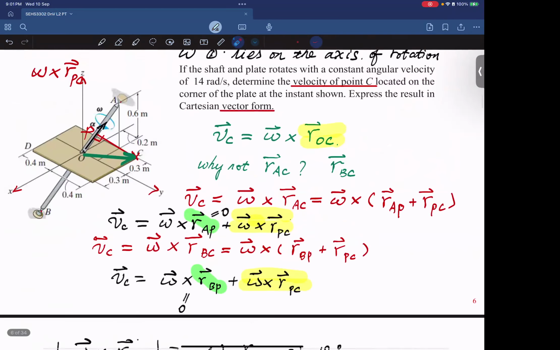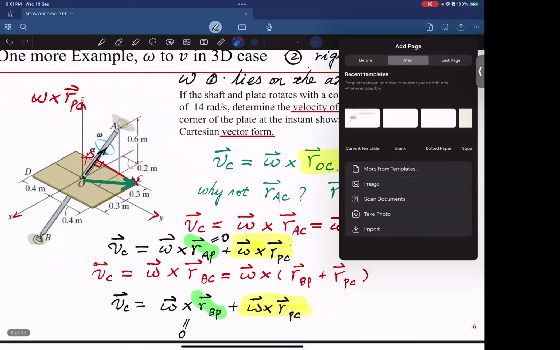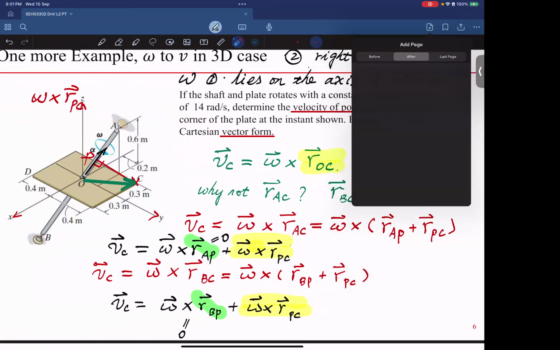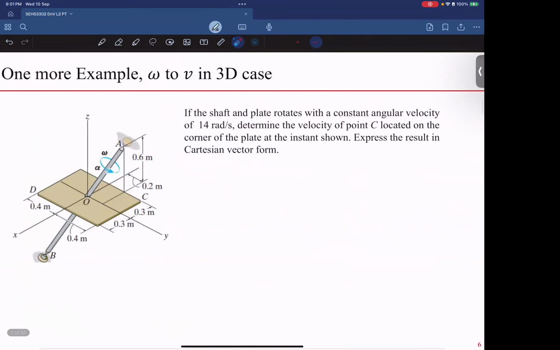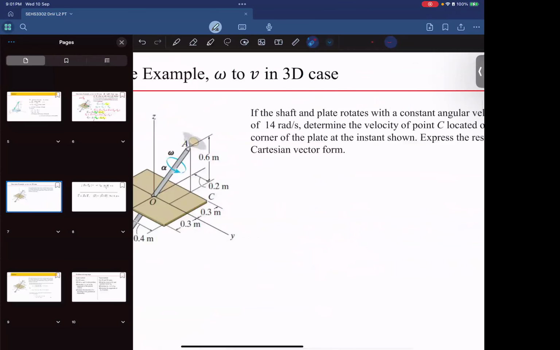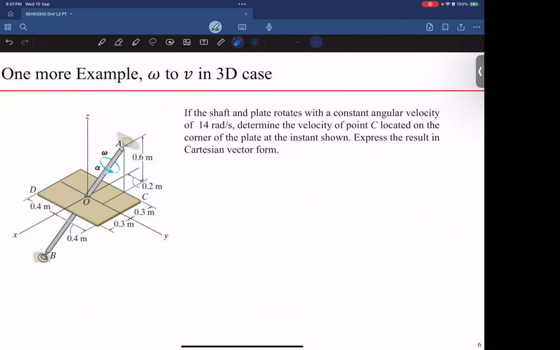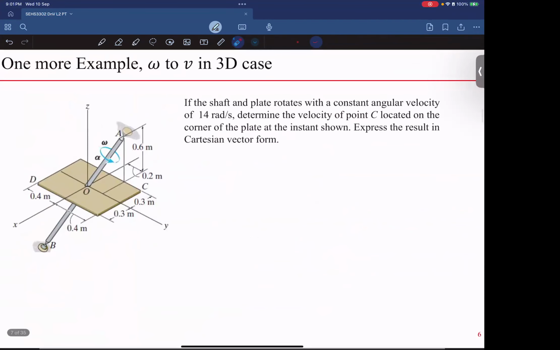Okay, so let's do the calculation. Here. Okay, we have a clean one, and let's see what we are going to do.